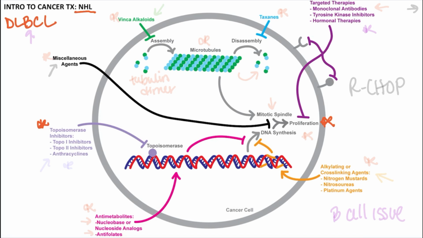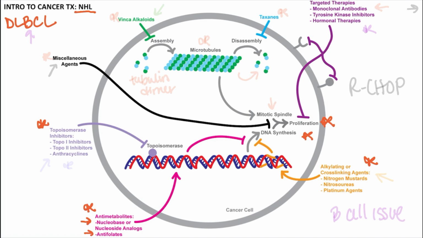These agents may also act as antimetabolites, interfering with nucleotide pools or being incorporated into the DNA structure, leading to disruption. And these agents can also act as alkylating or cross-linking agents in the DNA that lead to DNA damage, all of which will impair DNA synthesis required for cancer cell proliferation and trigger apoptosis.